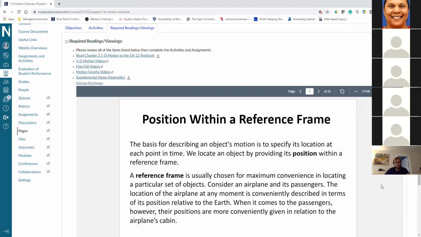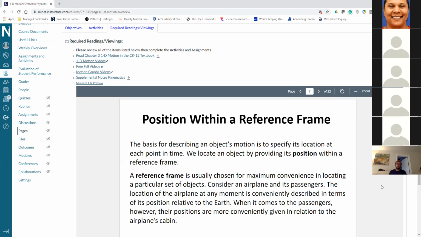So we can locate an object by specifying its position, all right? But as I said, all of these properties, including position, are something that we measure. So to establish that position, to establish the object's location, we measure. And so, we have to measure with respect to a reference frame.